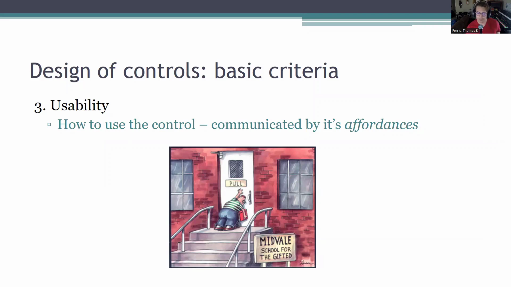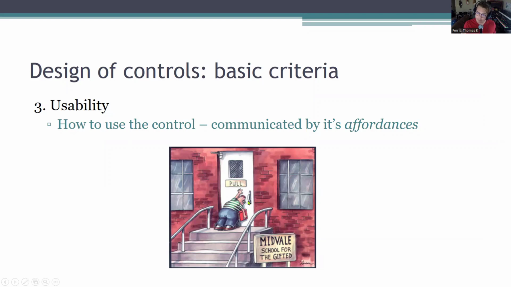So when I approach a door I've never interacted with before, a handle communicates grab and pull. Of course, this guy isn't me, also didn't read the sign, but in general, this says pull.